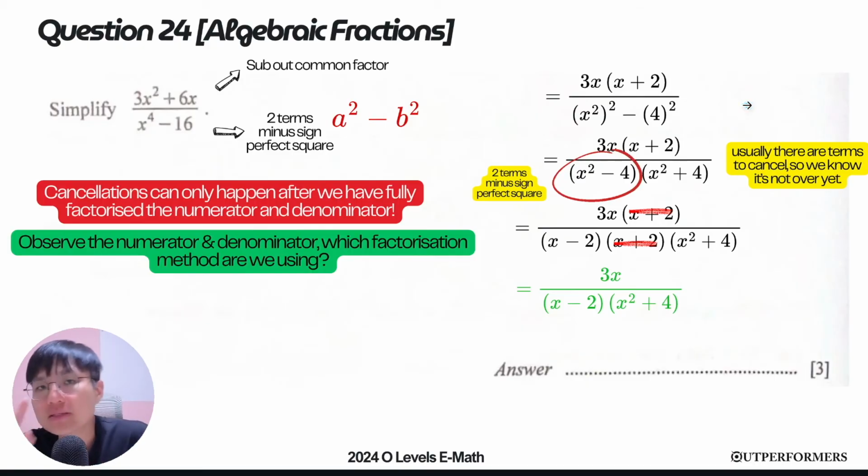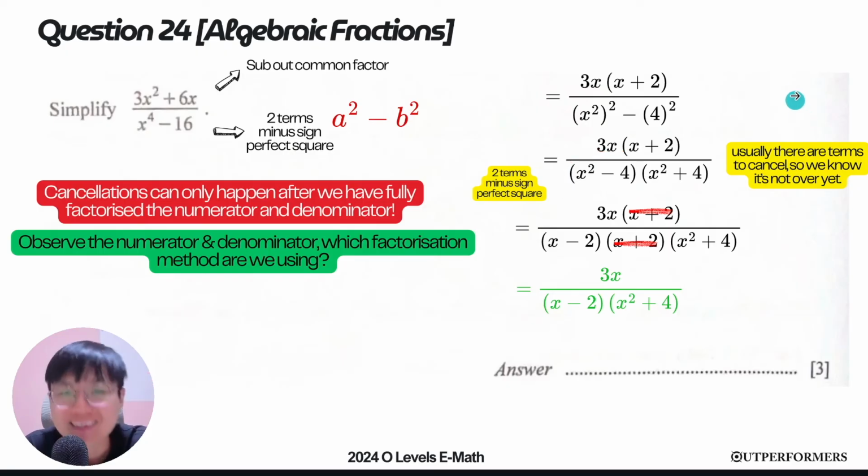But here's the thing, when you stare at this fraction right here, you'll be thinking, usually when it comes to simplification, there should be terms to cancel, but at this point we don't have any terms that we can cancel. Okay, there's nothing that looks alike. So that's when I circle this part over here. We have to take note of this one because we have two terms, minus sign and perfect square.